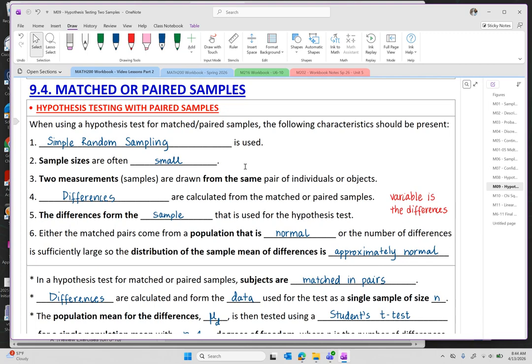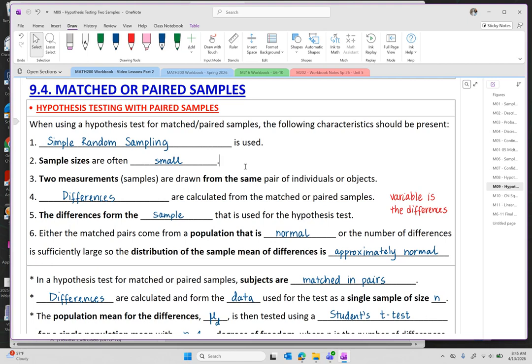So we will have a sample of the same individuals or pairs of individuals, and we will actually collect two measurements from them. And the two samples must be equal to each other because they are dependent on each other. So if it is a before and after situation, then we will have the same number of individuals that we are testing before and after.